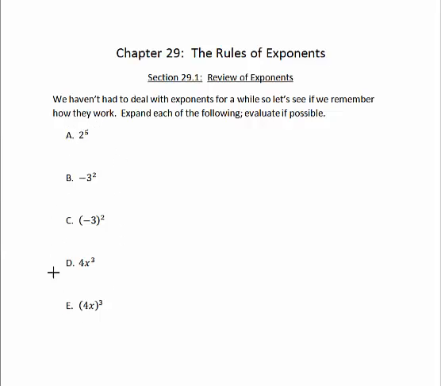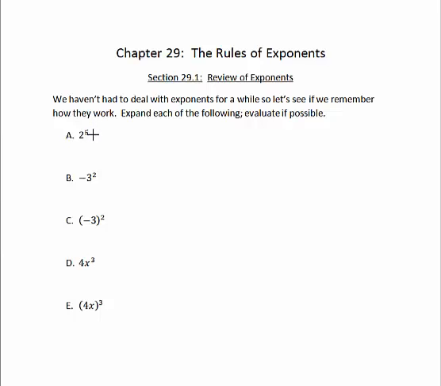And we have a few instances of exponents listed here, A through E, that we've already dealt with. So we'll sort of recap what we know and how to apply exponents, and then we'll try to learn a few new tricks that we can use in terms of exponents.